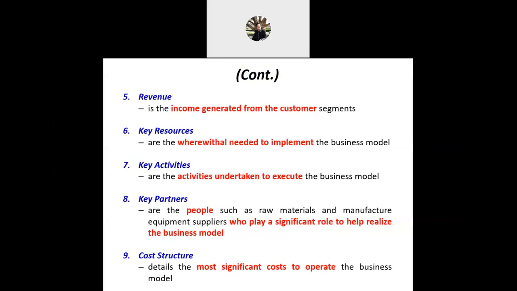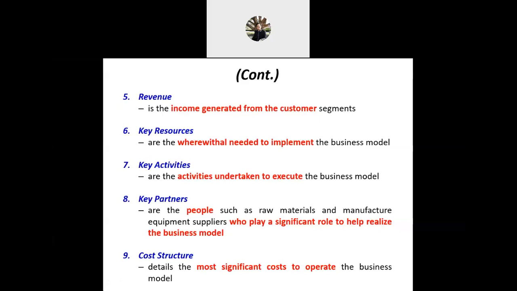Key resources, where we need to implement these business models. Key activities, what the activities are to execute the business model actually. Key partner, I don't think you can work alone as an engineer, so you have to work with various backgrounds, such as marketing, sales, and business.